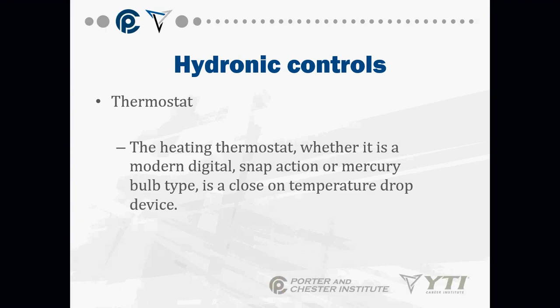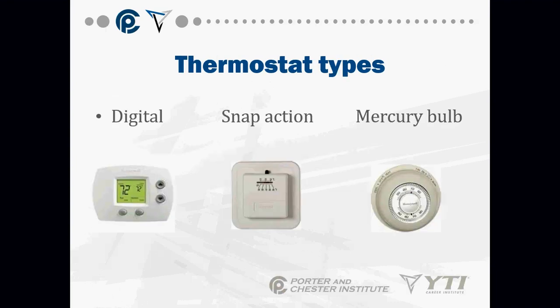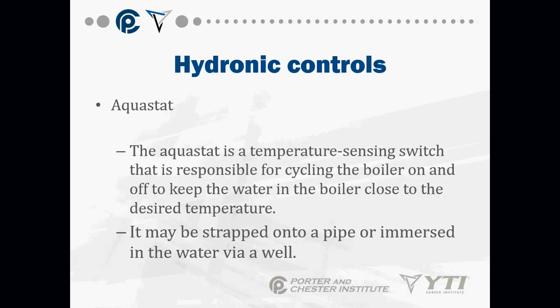So the heating thermostat, whether it's modern, digital, snap-acting, mercury, whatever it is, has to close on temperature drop. And there they are, your digital, snap-acting, and mercury ones. That's going to send the signal down to the Aquastat. The Aquastat is going to sense the temperature of the boiler.